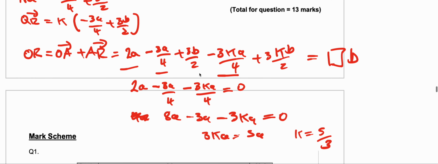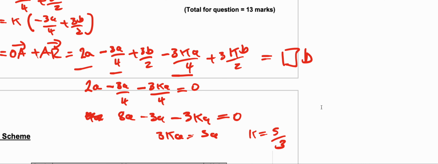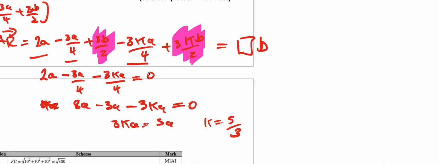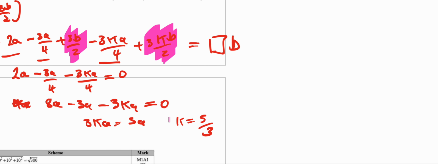Now we can put that in here again and find our coefficient for b. So the number of b's in the question are this term and this term. Yeah? And we know that when we add them together, we will get 5 over 3.